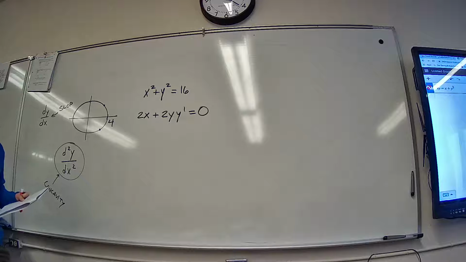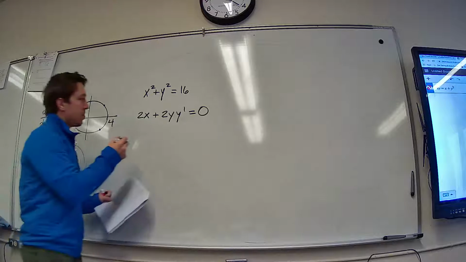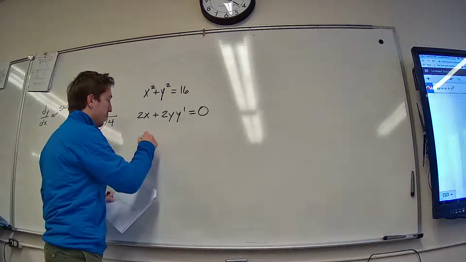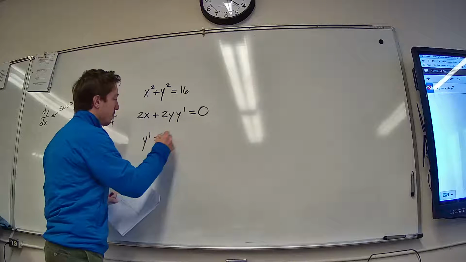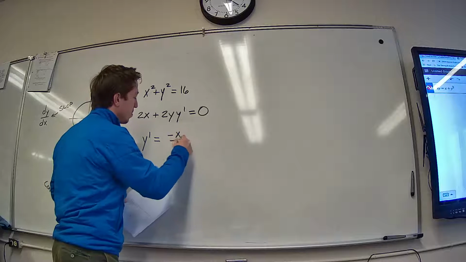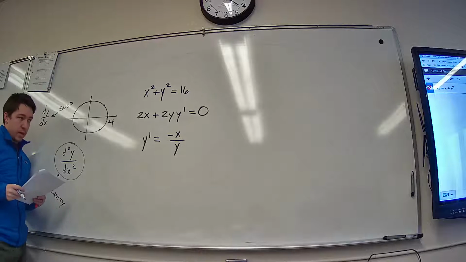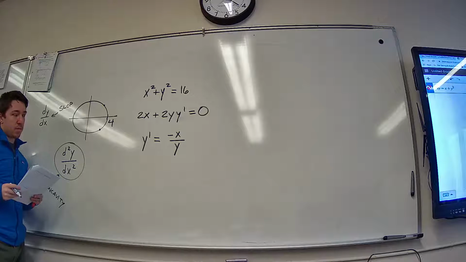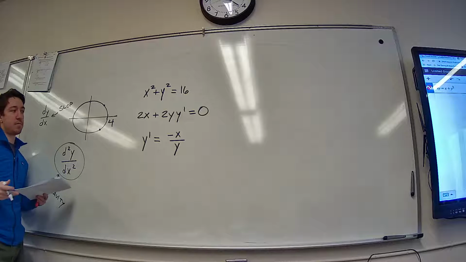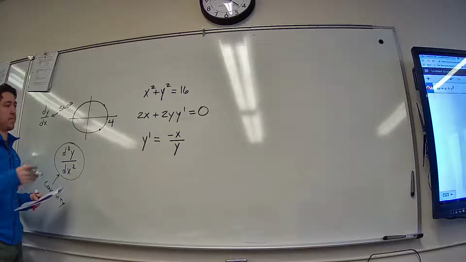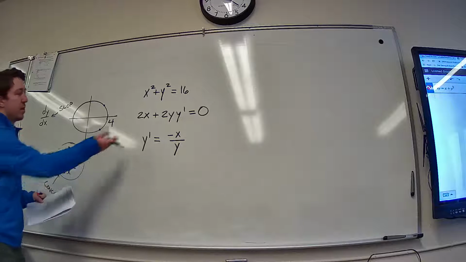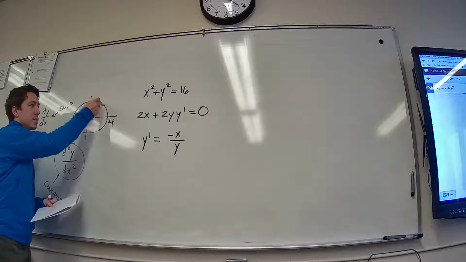Okay, and let's rearrange that. Of course that tells you things like, if x is positive and y is positive, the slope is negative, which we can see.